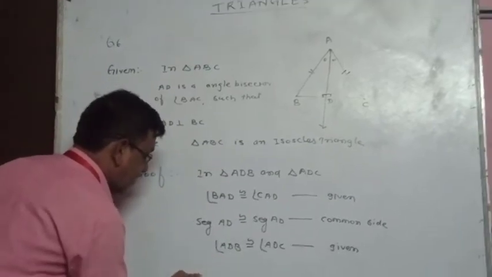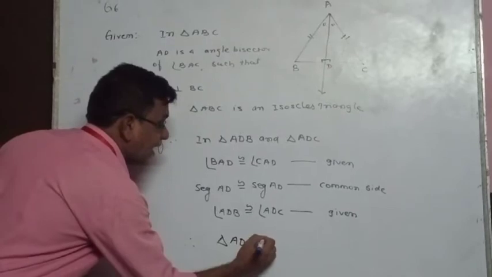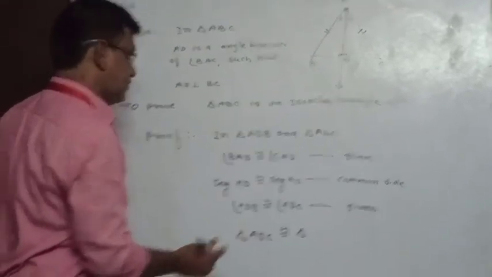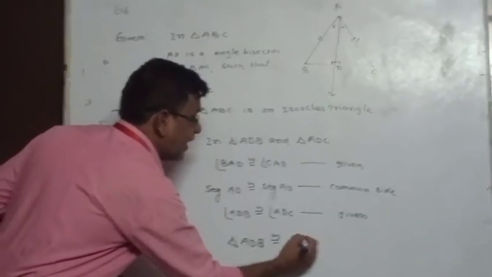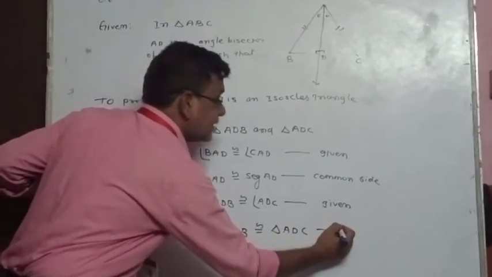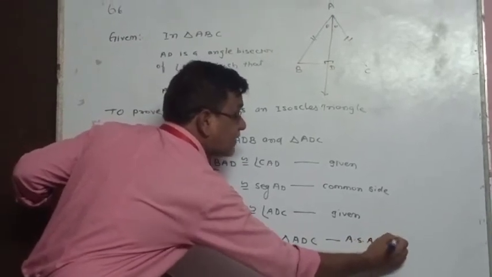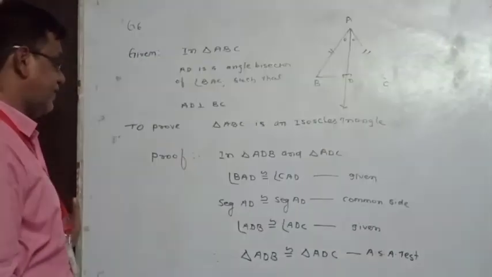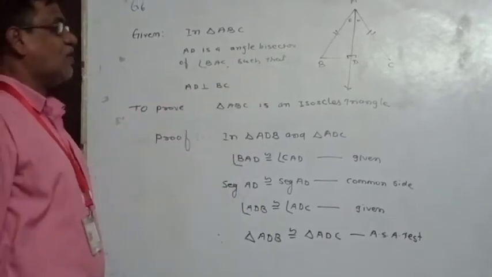So you can say that, therefore, triangle ADB is congruent to triangle ADC. What is the reason? Angle, side, angle test. ASA test of congruency.